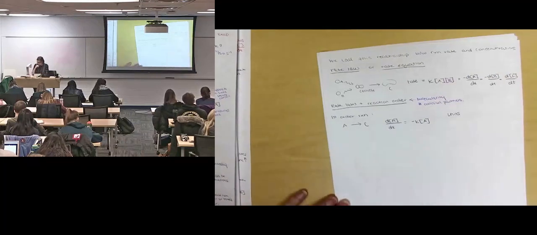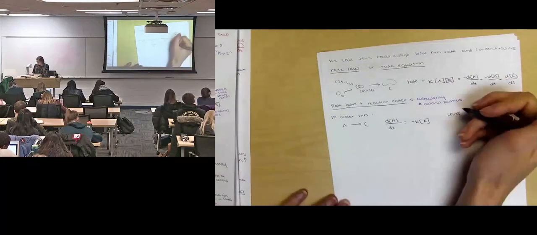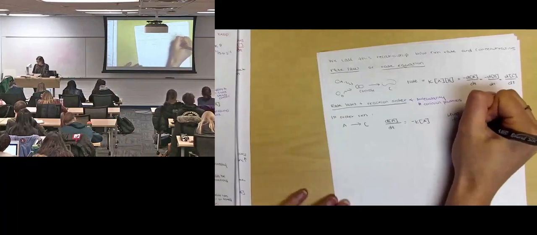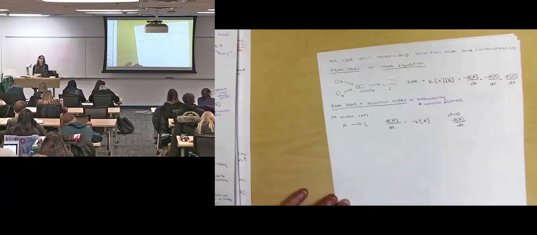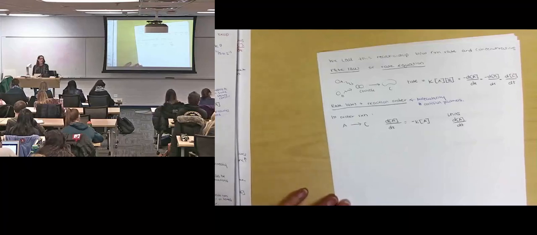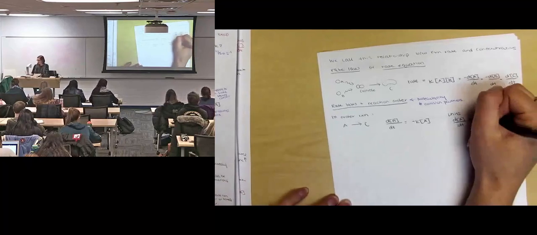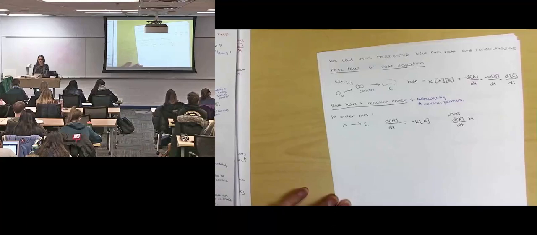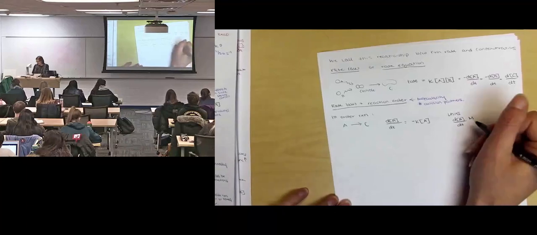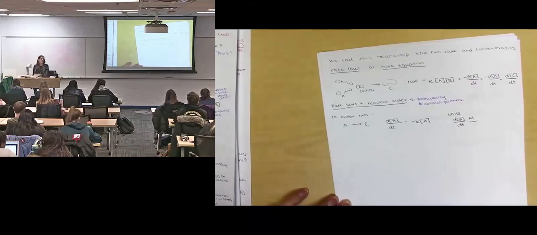So let's talk about units for a second. What do the units of reaction rate need to be? What are the units of concentration? Molar, moles per liter, okay? And I think earlier I drew time, but I gave it a unit that we like to use, seconds, okay?